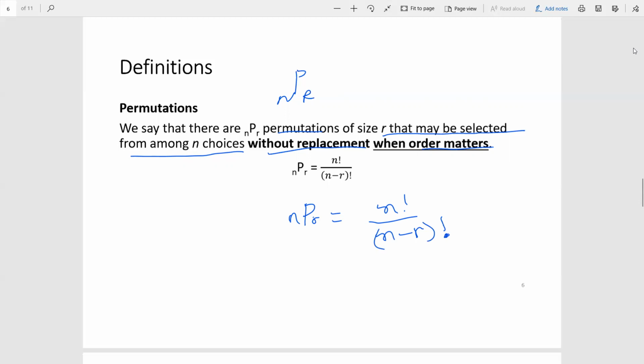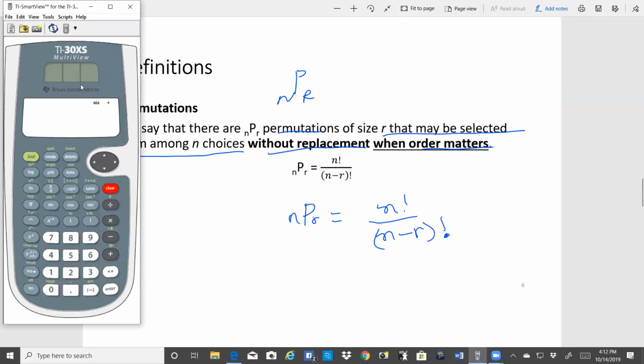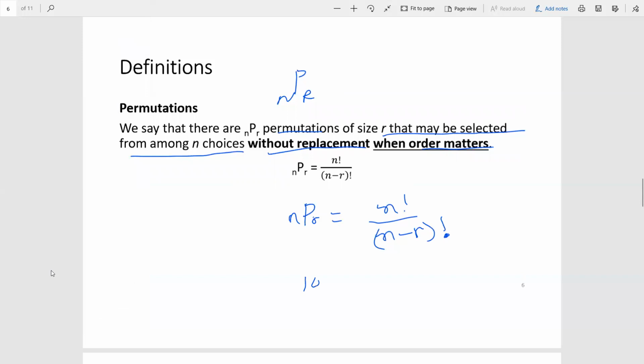And it turns out that you can calculate this on your calculator. Suppose you wanted to calculate, in fact, permutations of 10 taking 5 at a time.